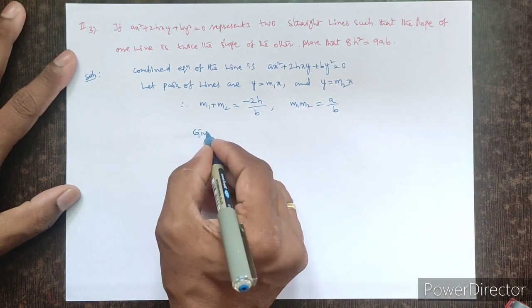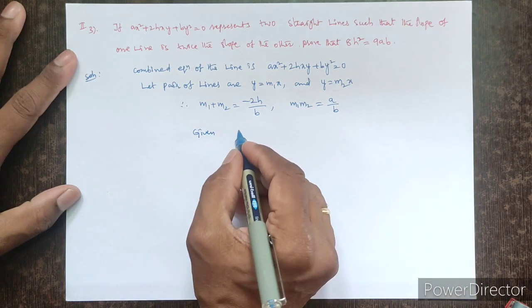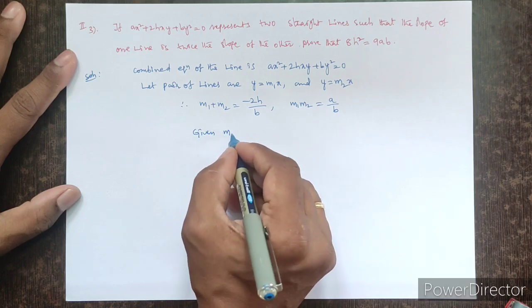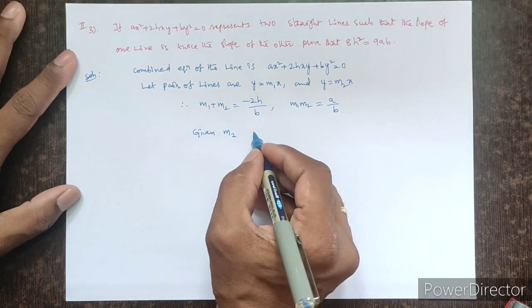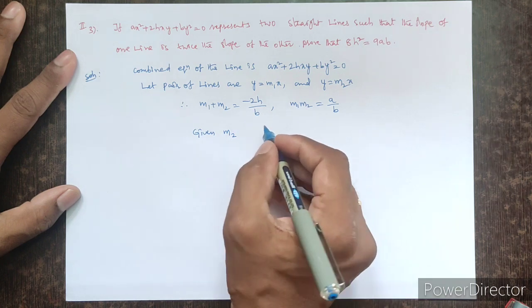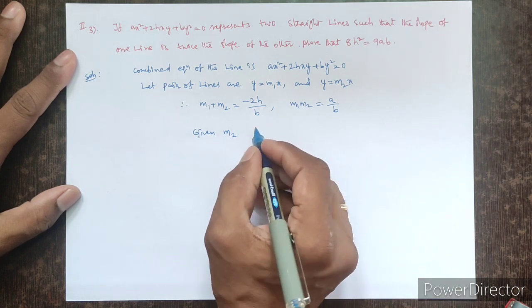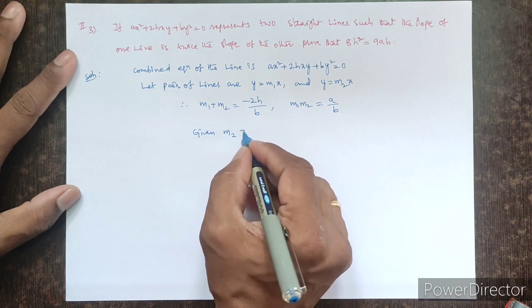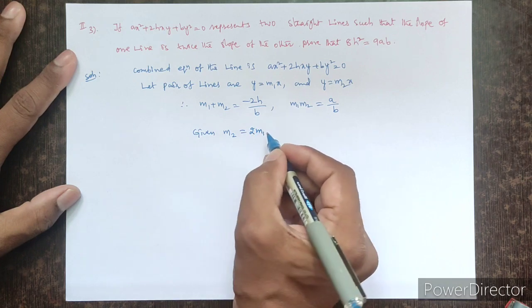Given, what is the condition given? The slope of one of the lines is twice the slope of the other line. Then let m2 equal to 2m1.